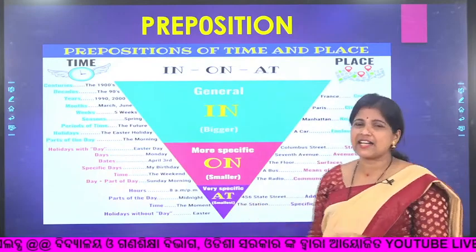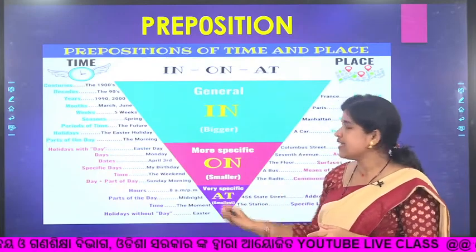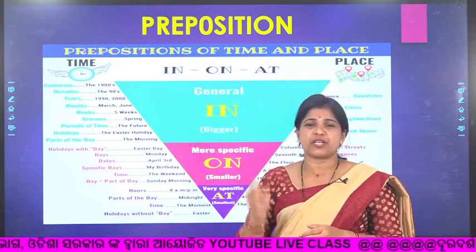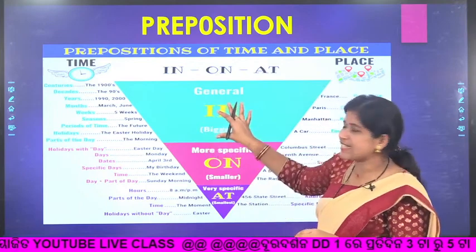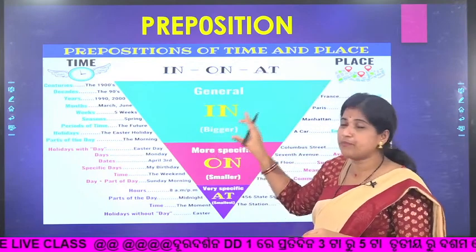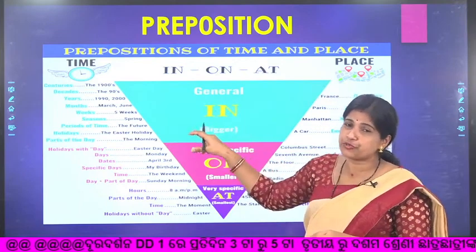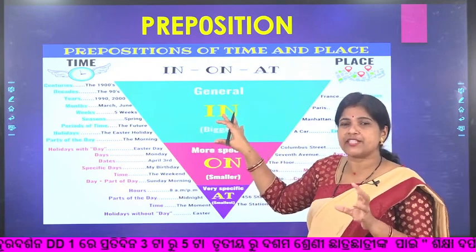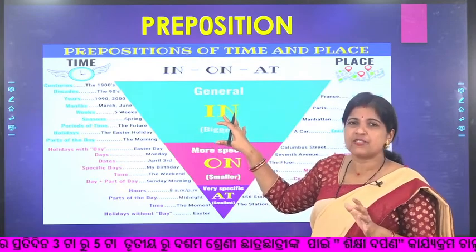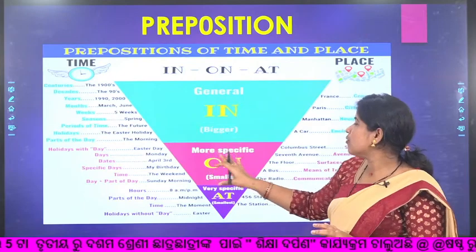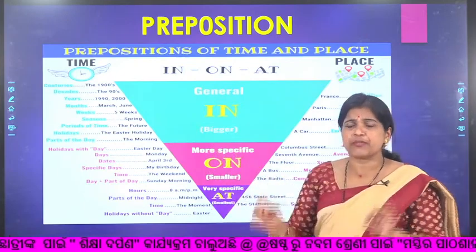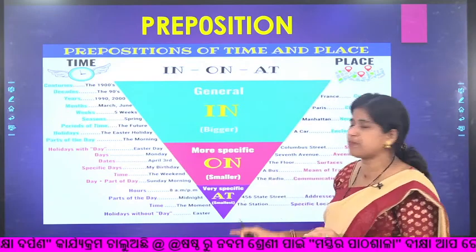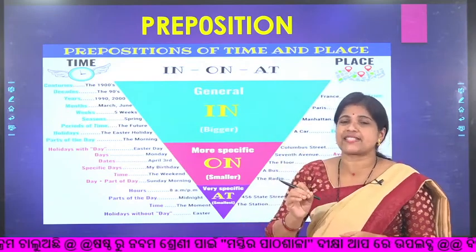But at, as you can see here, is the point, and it indicates a very particular, specific period of time. So for a bigger period or for a bigger place, we use in, on is more specific or smaller, and at is very particular, very specific to the point, or we can say the smallest.